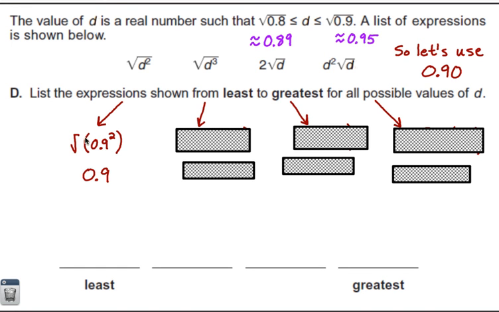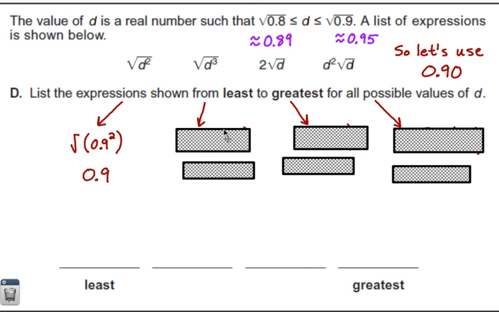So square root, it would automatically start that left parenthesis, 0.9 squared. And something I will point out is you're taking the square root of the entire 0.9 squared, so make sure you put your right parenthesis after the squaring.